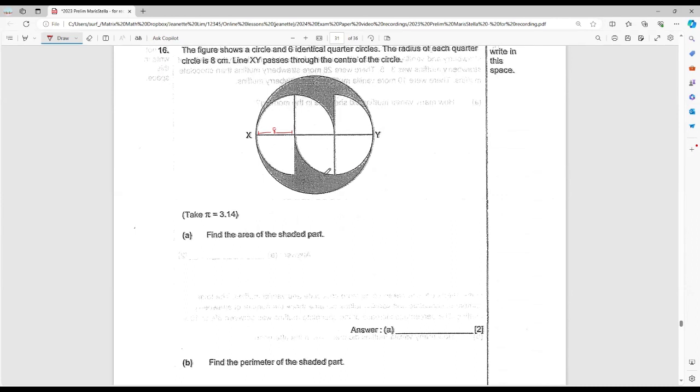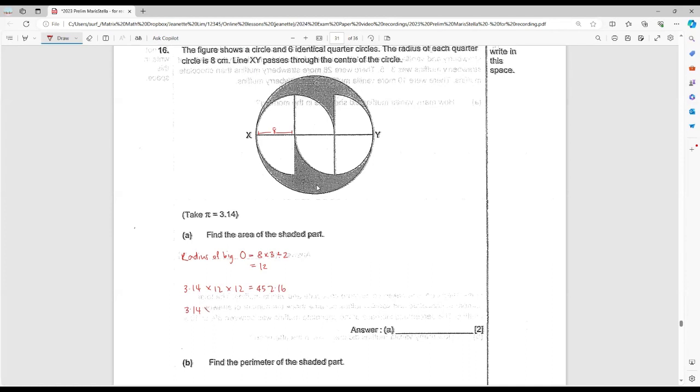So let's find the area of the big circle first. To find the area of the big circle, we will have to find the radius. Radius of big circle, which is 8 times 3, and divide by 2, which is 12. So we take pi 3.14 times radius, which is 452.16. Now let's find the area of one quadrant.